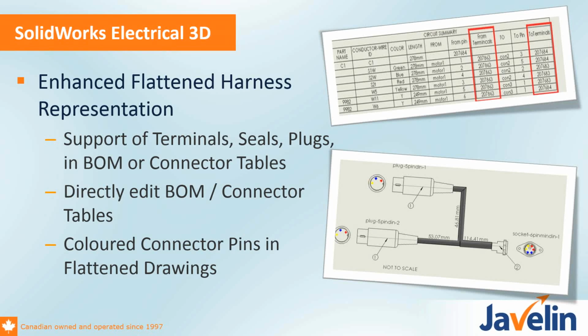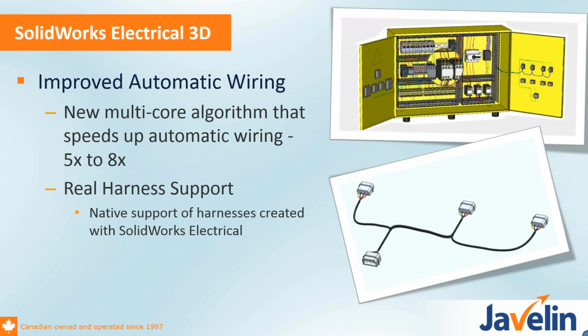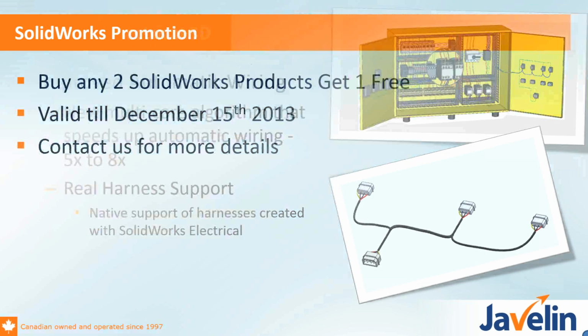So you have a complete drawing that you would spend hours and hours on, done very, very easily. It is really great. Of course, in 3D, there's the automatic routing of wires and cables, which has become much, much, much faster, 5 to 8 times faster. That is really great. It is used in multiple cores now. It's not a single core operation as such.